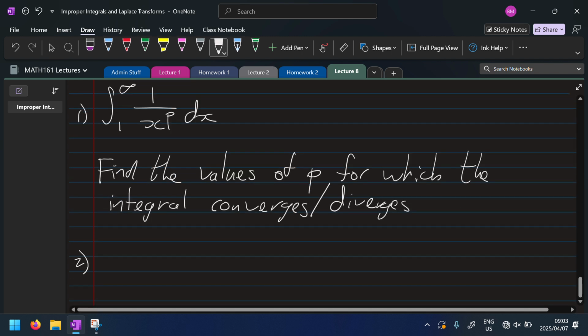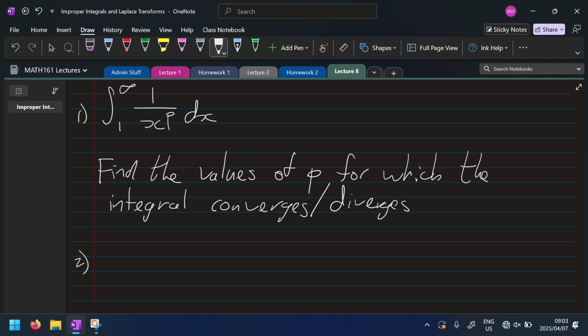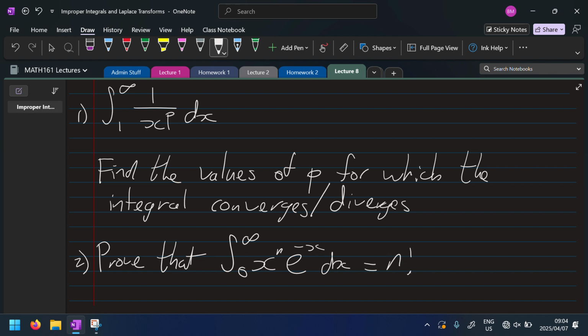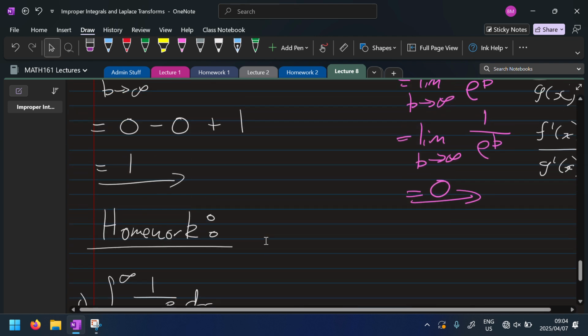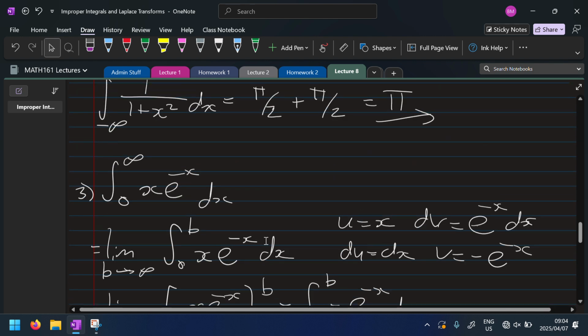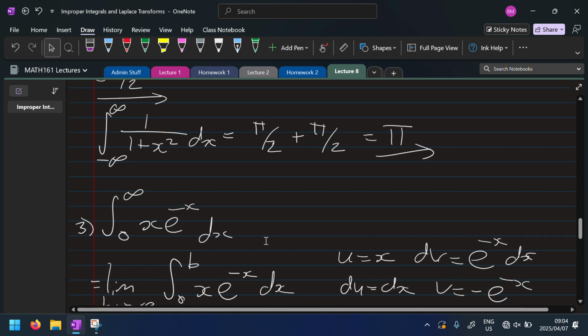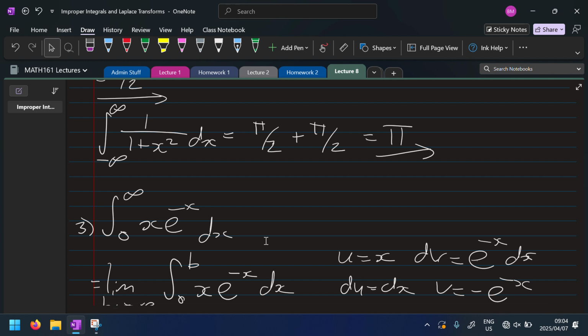Number 2, an interesting one. Prove that the integral from 0 to infinity of x to the n e to the minus x dx is equal to n factorial. We did one example here, which was x to the 1. Now you can do the same thing for x to the 2, and you'll end up with 2 factorial.